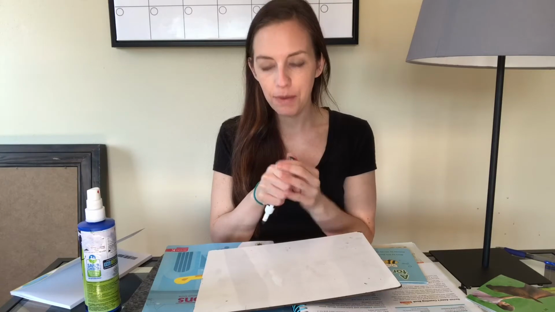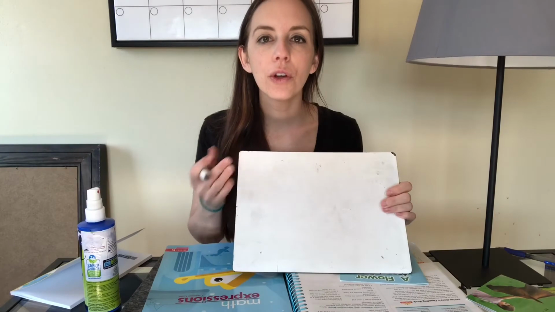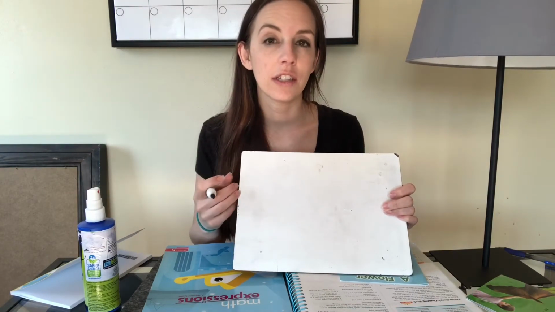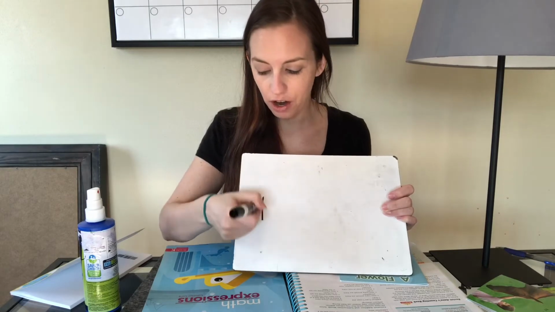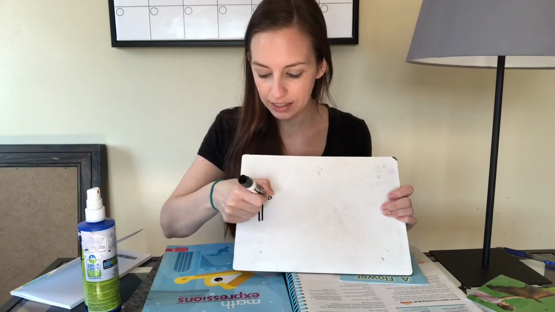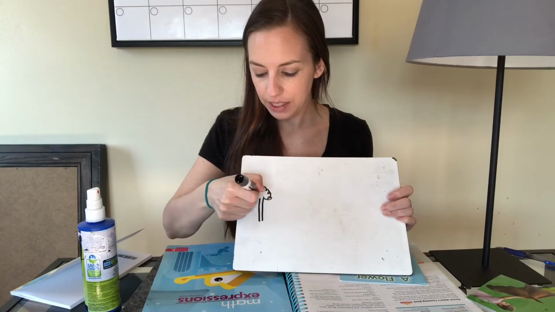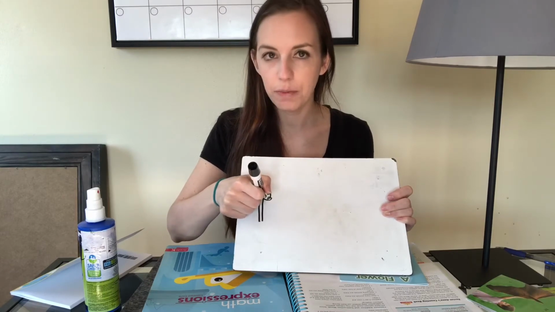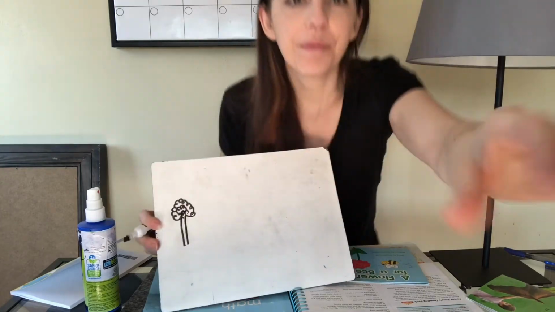And remember, when we do math, and we make the math drawing on our whiteboard, we're not going to make it super detailed because that would take us a long time. So we can make a picture that looks close to a tree and doesn't take us a long time to draw. If I was to draw a tree with lots of details, it would take me a really long time to do my math problem, right?